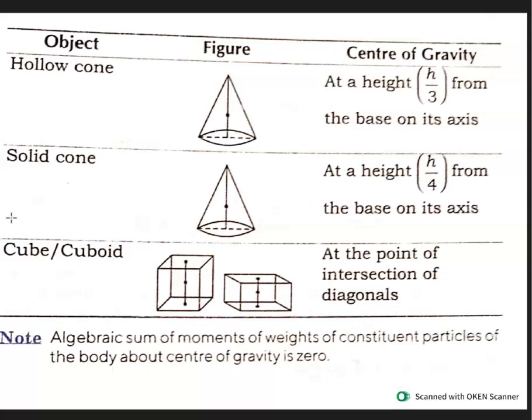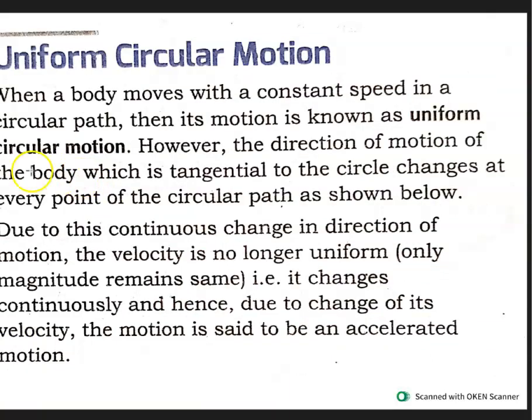For a hollow cone, the center of gravity is at a height h by 3 from the base of its axis, while for a solid cone, it is at a height h by 4 from the base of its axis. And for solid shapes like cube and cuboid, the center of gravity is again at the point of intersection of the diagonals. So these are the shapes we are supposed to remember center of gravity for.